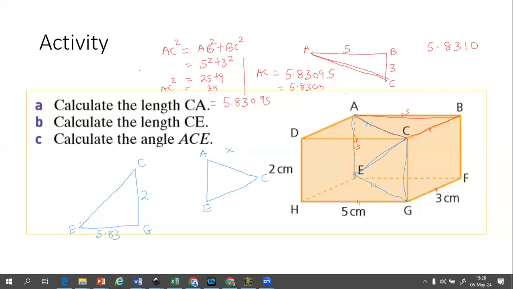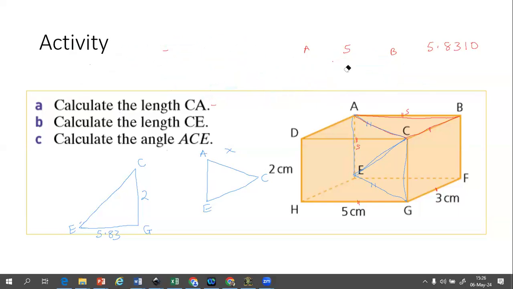Let me ask whether people still remember what you want to use. So here, this one being a triangle and you have all sides, feel free even to use the cosine rule. Since you have A to C, I don't know what you're getting for A to C. People are getting 6.16. So this is 6.16.